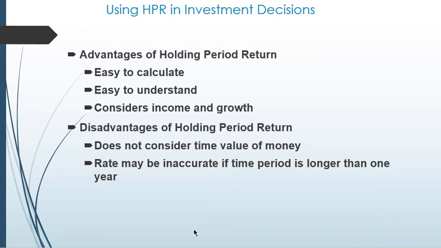Now, the advantages of this holding period return idea is it's very easy to calculate and understand. It certainly considers income and growth. The basic holding period return doesn't consider time value of money, right? We take care of that issue when we use the exponent, when we annualize it. So that takes care of the time value of money issue.